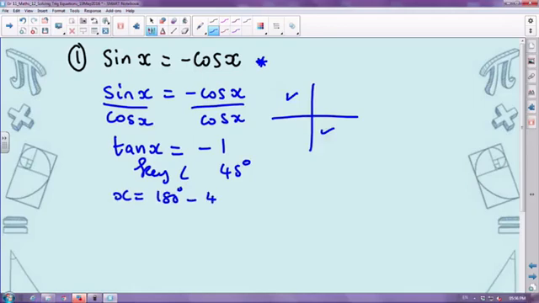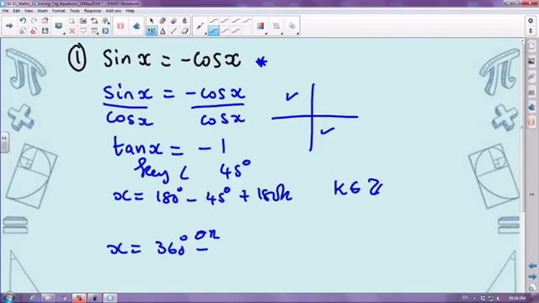X is 180 minus 45 plus 180 degrees times k, k is an element of any integer, or x is 360 minus 45 plus 180 degrees times k, k is an element of any integer.